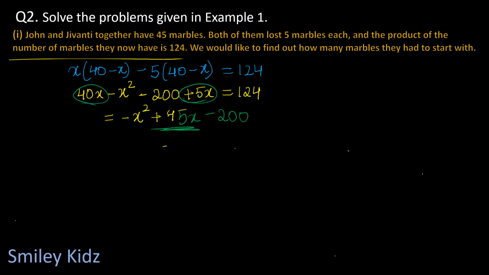So minus x squared plus 45x minus 200 is equal to 124.